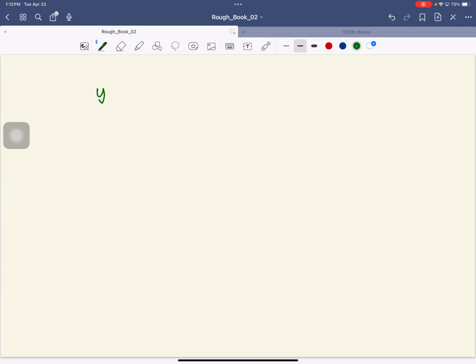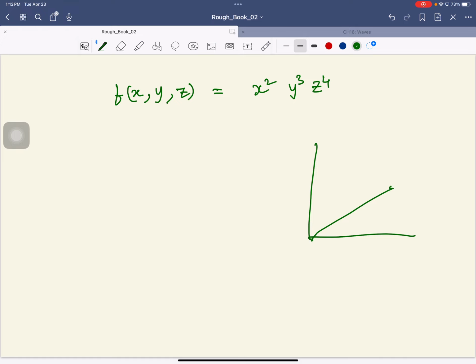All right, so f(x, y, z) equal to x squared y cubed z to the 4th. What is this? This is a function of x, y, and z. It's 3 variables. So you understand that for every point x, y, and z, you can evaluate the value of the function.